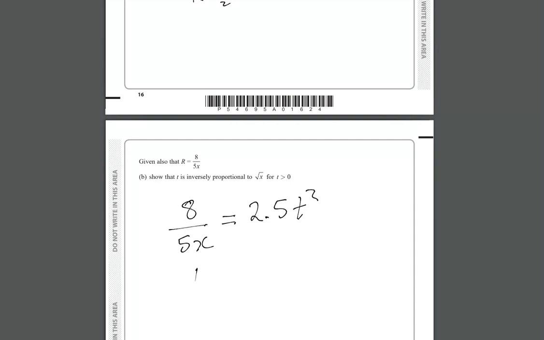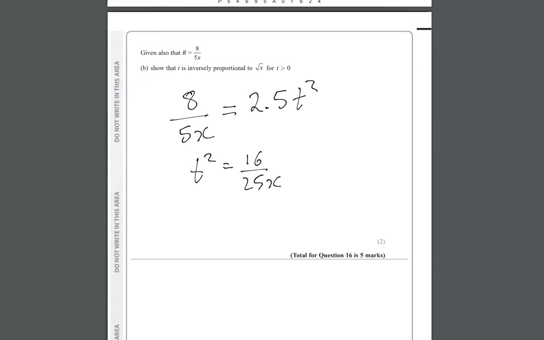to get t. So t squared is 8 over 5 divided by 2.5, which is 16 over 25. So 16 over 25x. So then I've got t squared, and I want to find what t is.